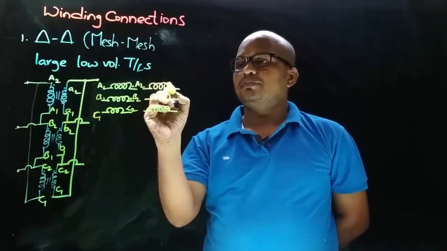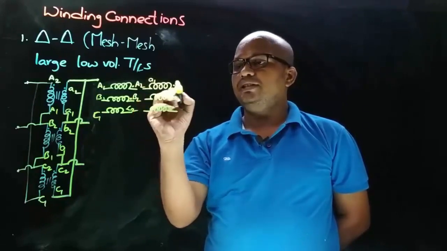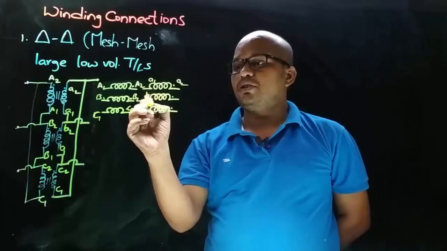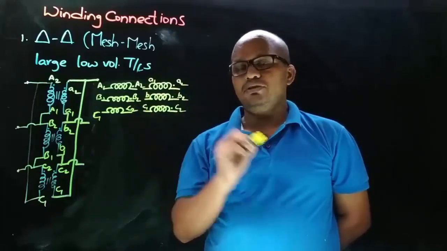So let us suppose these are the dotted ends. So this is small a1 end and this is small a2 end, this is small b1 end, this is small b2, and this is small c1, and this is small c2 end.